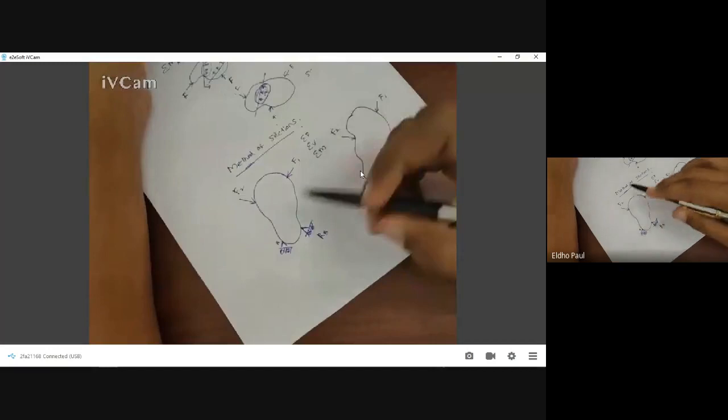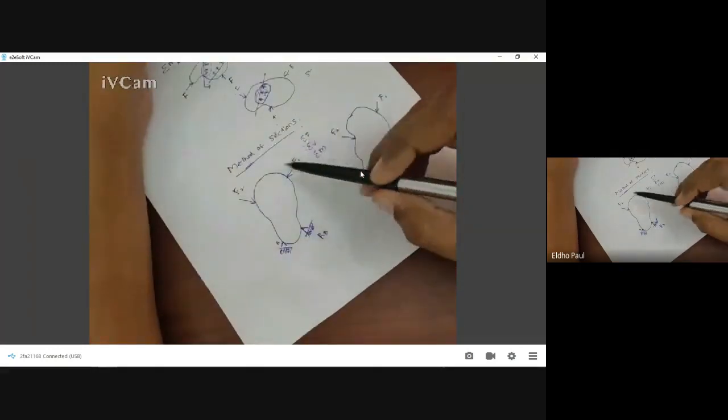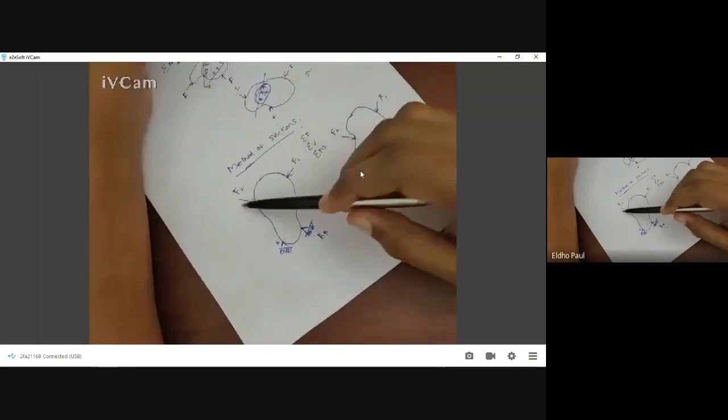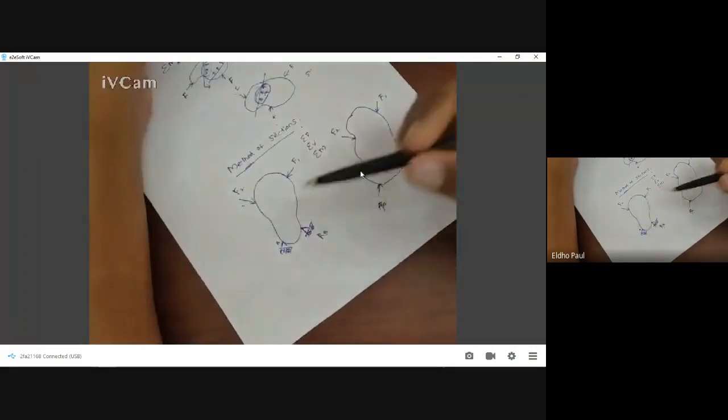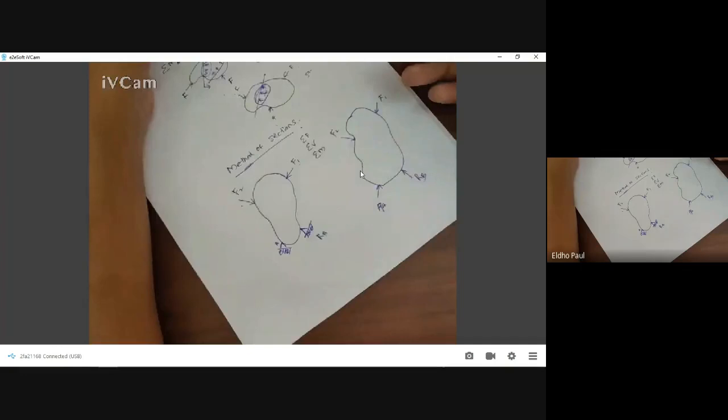Okay, so this is the body in equilibrium. Two forces are external. These two forces, RA and RB, are the reactive forces, and this reactive force is also an external force.